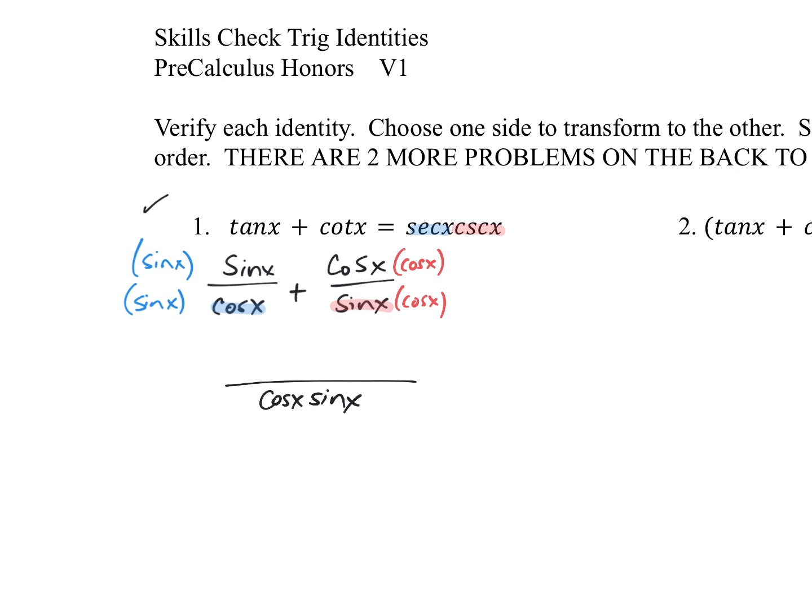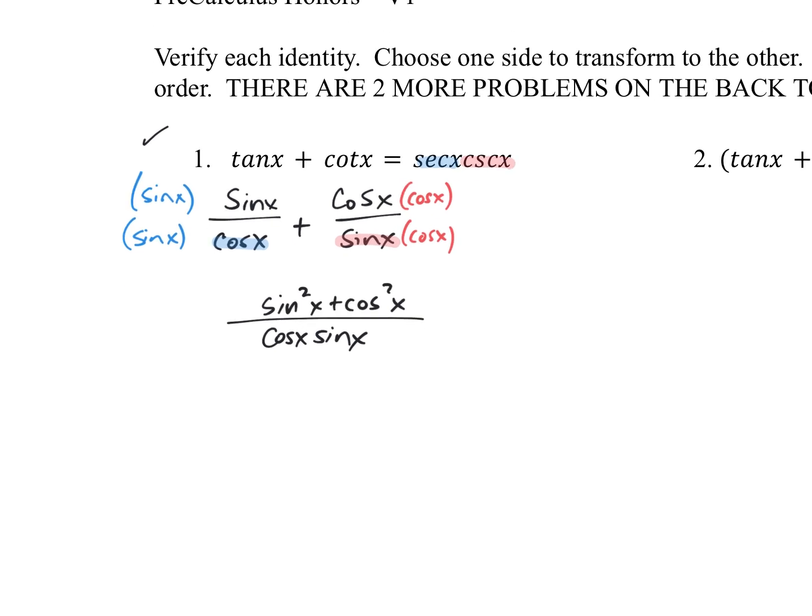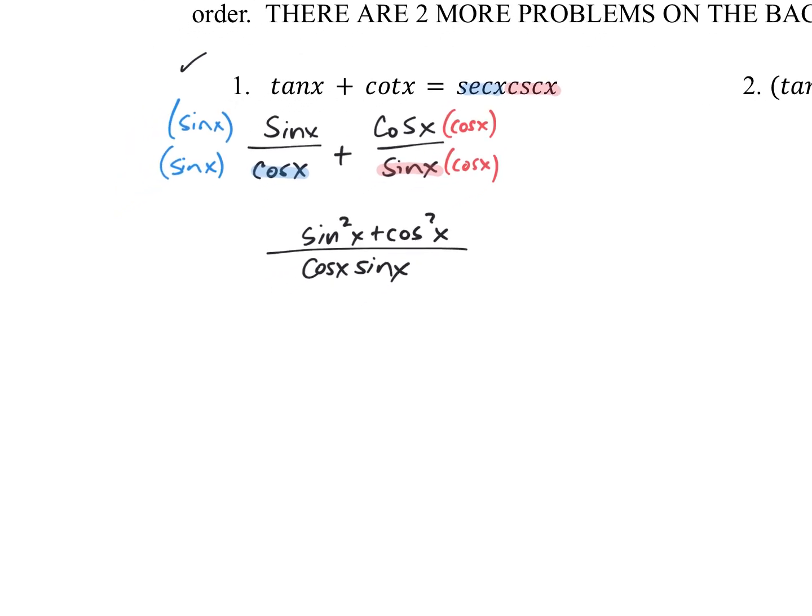All we've really done is multiply each expression by the number 1, and when we multiply by 1, we don't change its value. So what we're left with here is sine squared x plus cosine squared x in the numerator. Hopefully at this point we're feeling a little bit more comfortable with an expression like this, and that sine squared plus cosine squared is going to turn into 1 over cosine x times sine x.